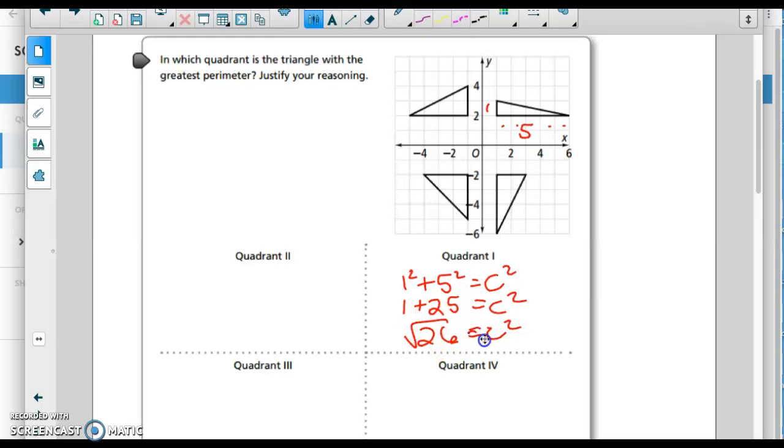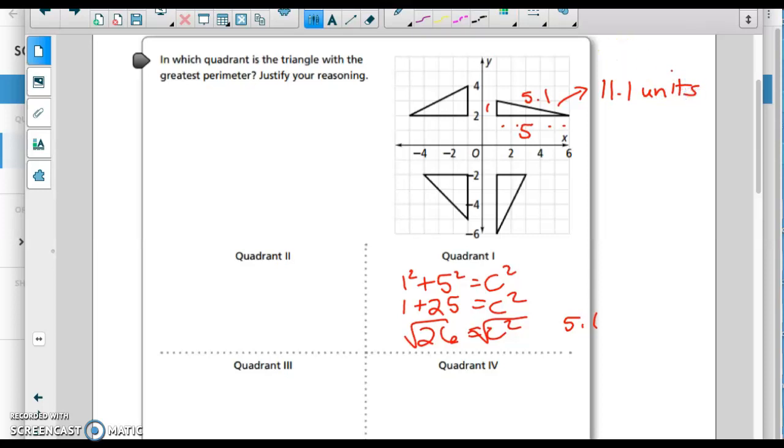And we take the square root of this, and the square root of 26 is about 5.1. So now that actually doesn't tell us the perimeter. The perimeter is 1 plus 5 plus this hypotenuse, which is now 5.1. So my perimeter here is going to be 5 plus 5 is 10, plus 1 is 11, 11.1 units.